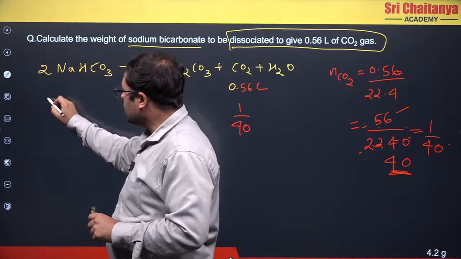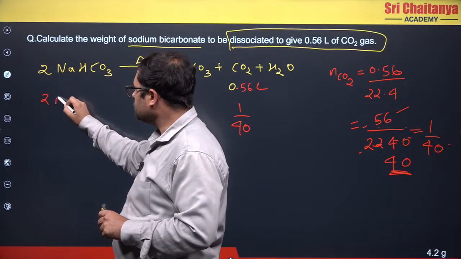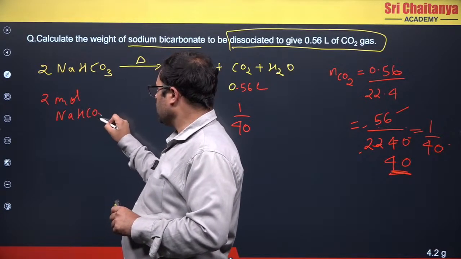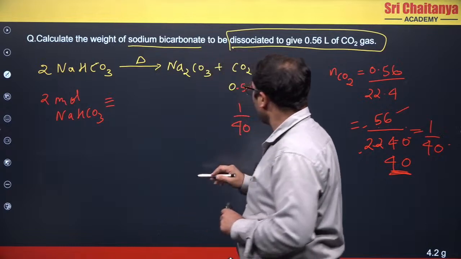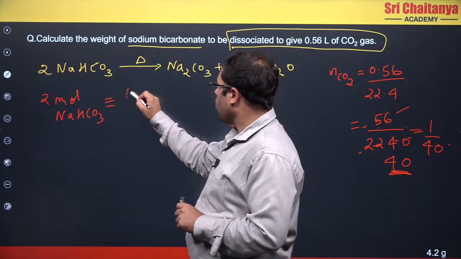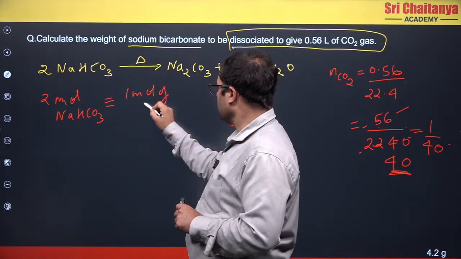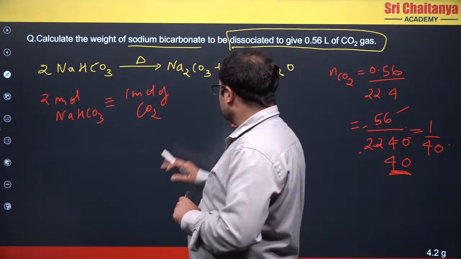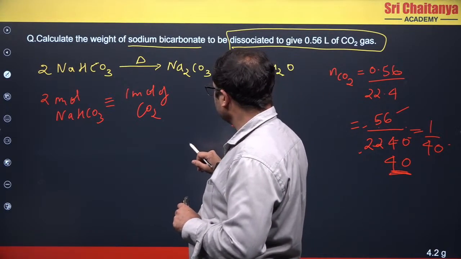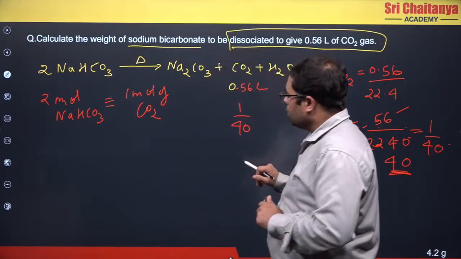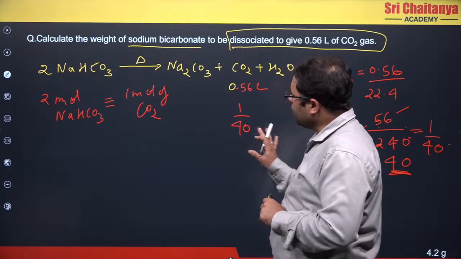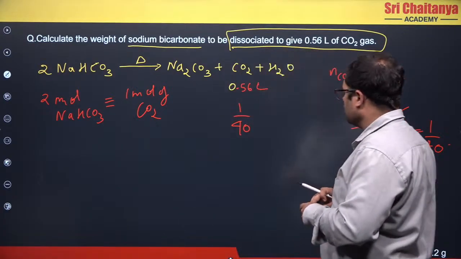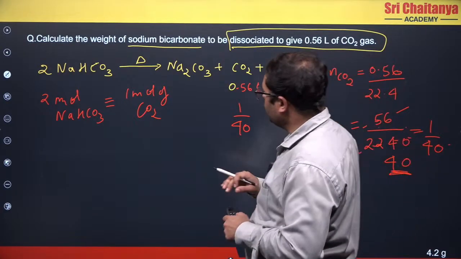First, from the equation you can see that 2 moles of NaHCO3 is equivalent to 1 mole of carbon dioxide, right? So now if I write 1 by 40 moles of carbon dioxide, then how much will it be?